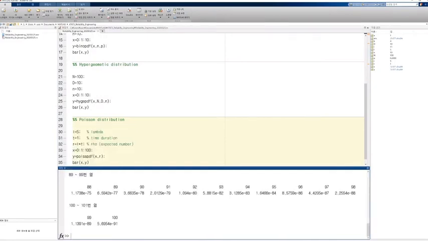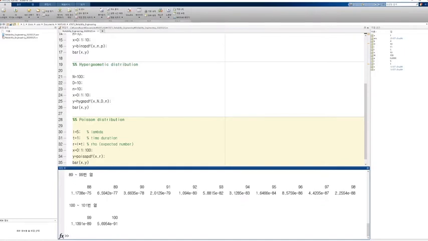So the probability of visiting 100 cars for the next 1 hour would be 10 to the power minus 91. So the point is that it is also possible. Simply, their probabilities are very, very low. So in this way, Poisson distribution can be used.